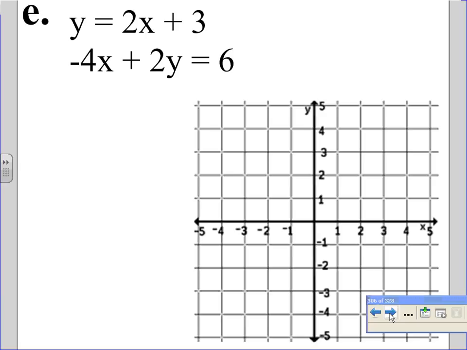So put that second one into function form or slope-intercept form. And then you're going to use that graph paper to graph it.